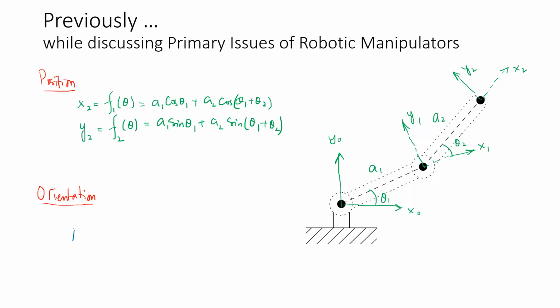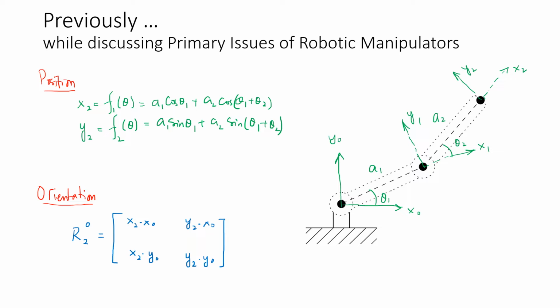And that matrix was corresponding to rotation of frame number 2 with respect to frame number 0, and that was defined like x2 dot x0 and, sorry, x2 dot y0, and this is the first column. The second column was y2 dot x0, and this was y2 dot y0.